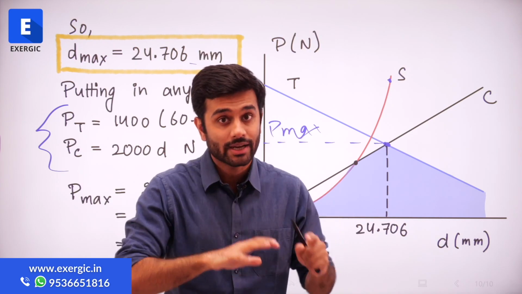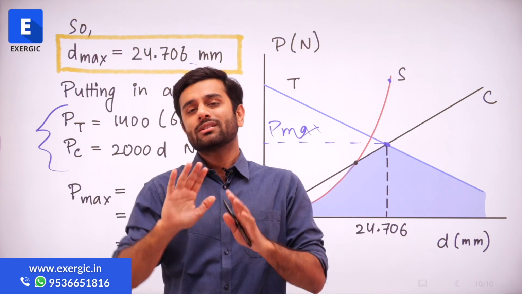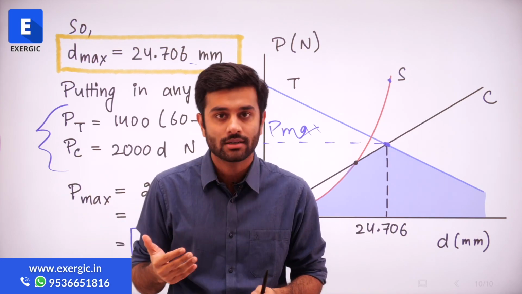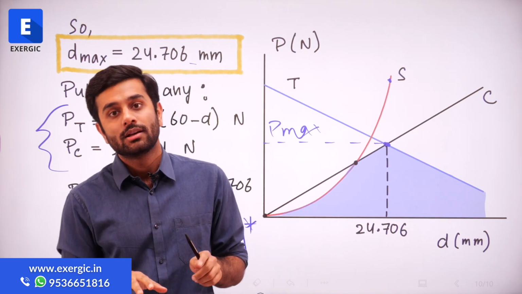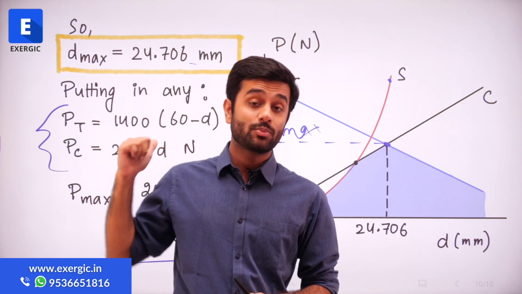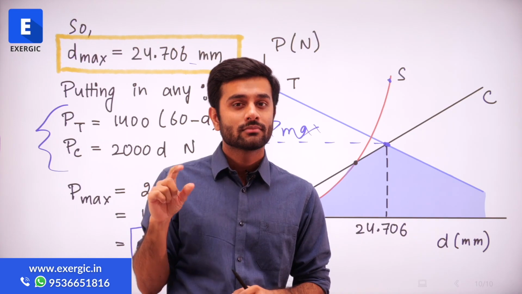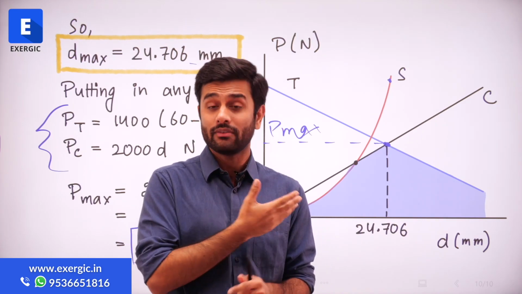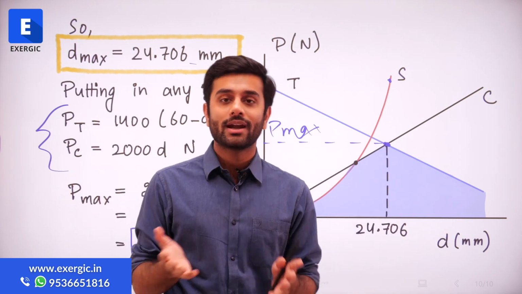This question, again I am repeating, don't think that what we understood or what we learned from this question is only for this question. The concept is that the expression that you have of P is equal to sigma multiplied by A, such a basic expression. Have we used some very complicated expression here?